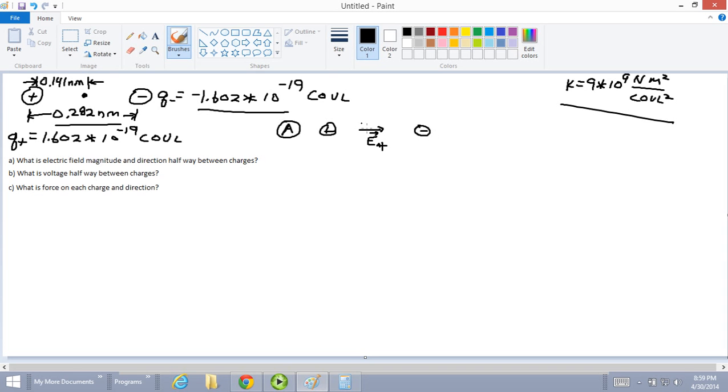It's also radial to the negative charge. It's on the line between the positive and negative charge, and it points toward the negative charge. So the influence on the electric field due to the negative charge is in the same direction, in the positive x direction, which of course is symbolized by the unit vector.